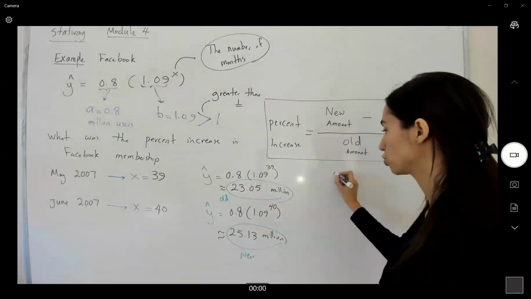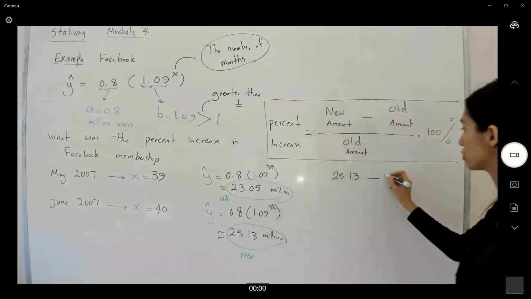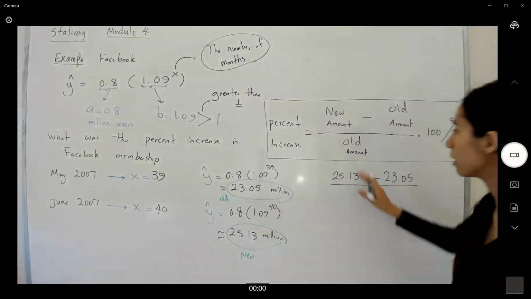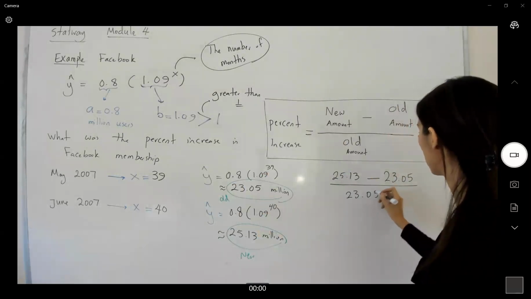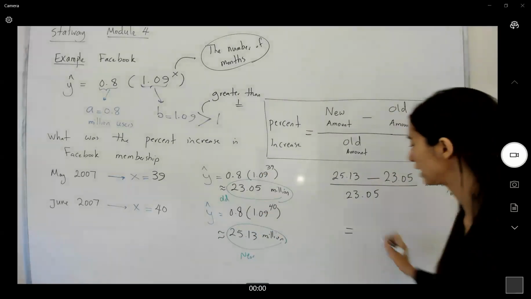Here we get 25.13 minus the old amount, which is 23.05, divided by the old amount, which is 23.05. Then we multiply that by 100%.